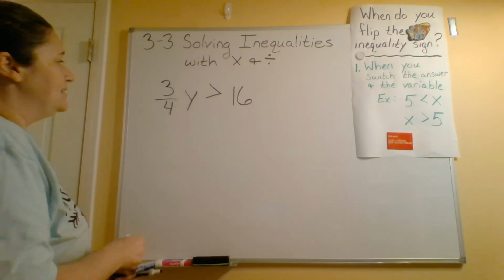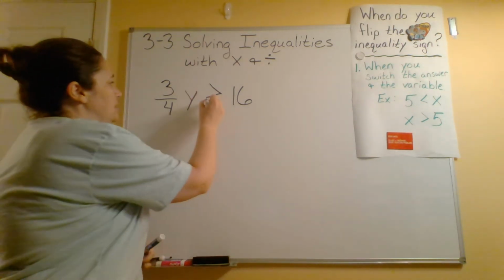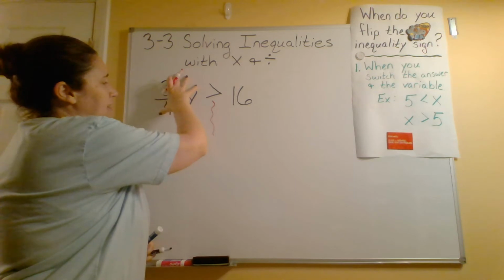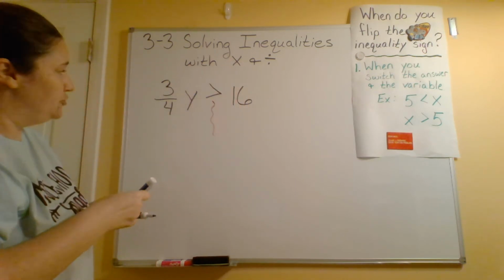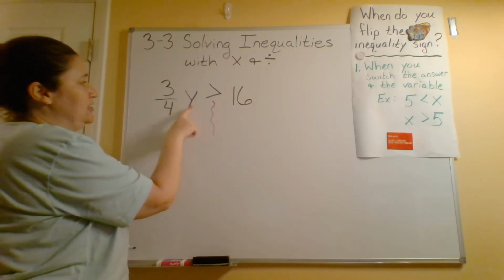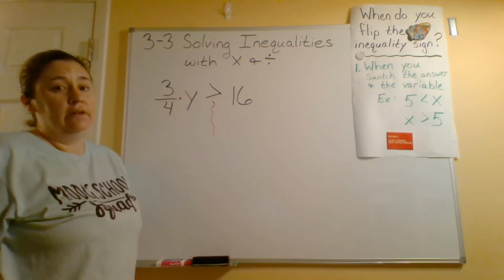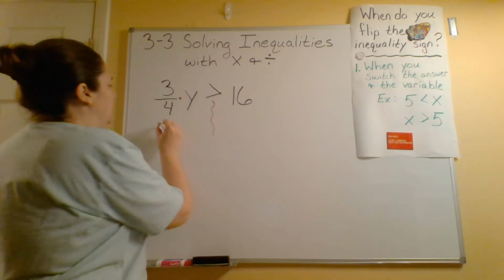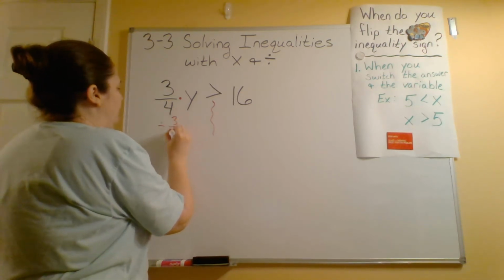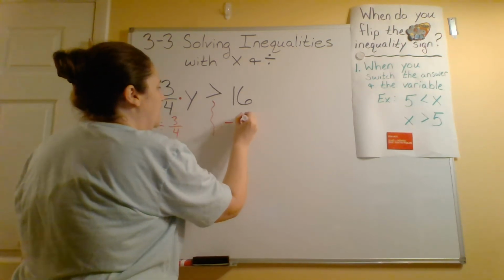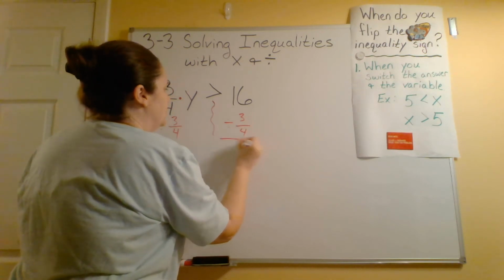It's the exact same way we solved all equations. We look at the left side, we look at the right side. Find your variable, see what's being done to it. They are multiplying by 3/4, so you need to divide both sides by 3/4. Divide by 3/4.